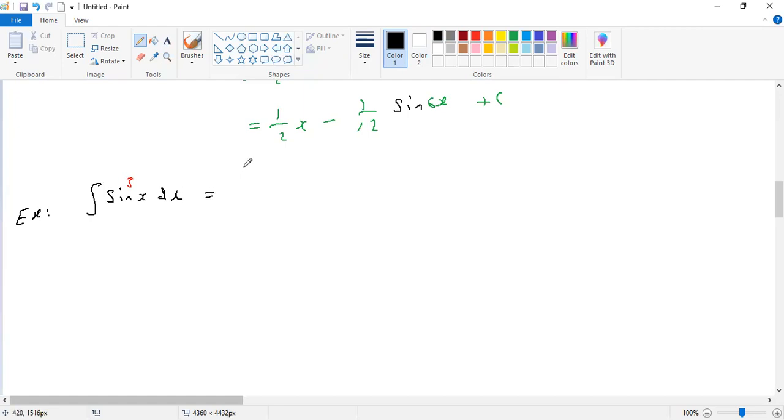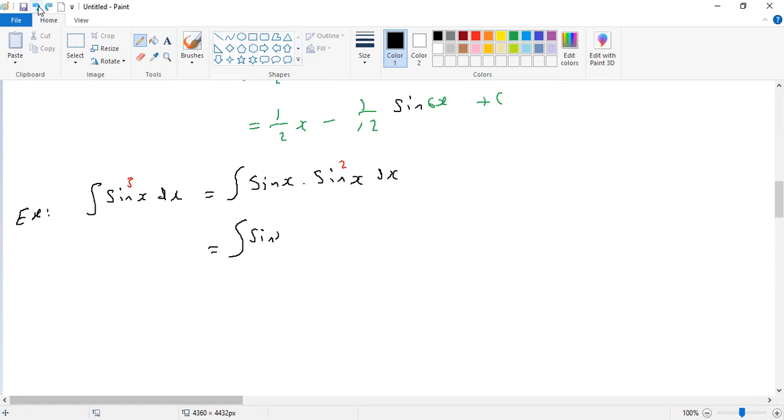We write sine, since 3 is an odd number, times sine square x, which is the same because sine times sine square is sine cube. So if I have an odd power, I write one of them and the rest I write here. So sine cube will be sine times sine square dx. Now this one is equal to sine x, keep it.